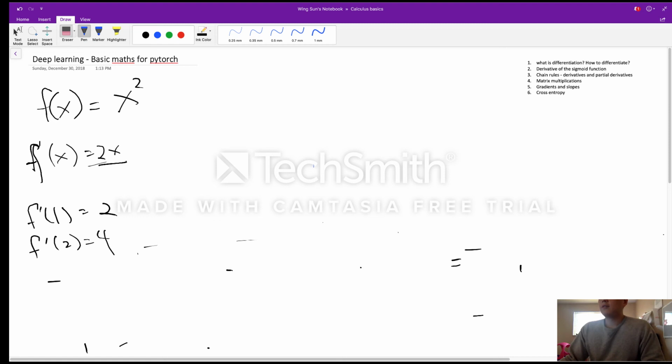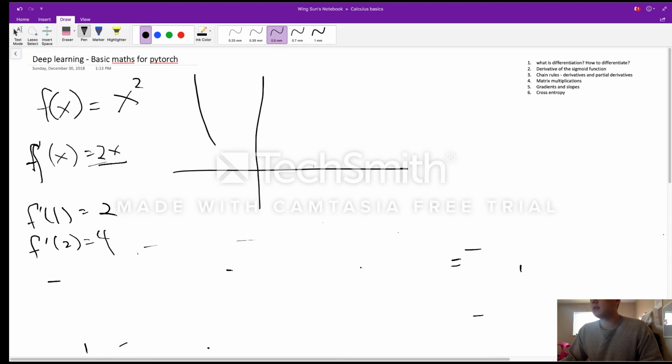Anyways, you can find gradients on any point of x. So let's say this is another parabola, and let's say this is +1.